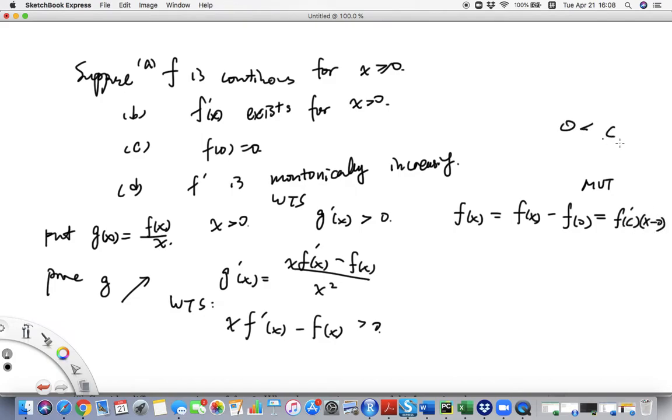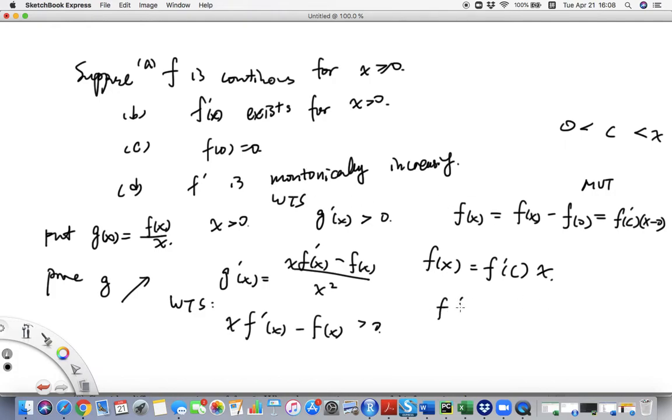And C is between X and 0. All right, so that is to say F of X is equal to F prime of C times X. Okay, now C is between 0 and X, and we know F prime is monotonically increasing.